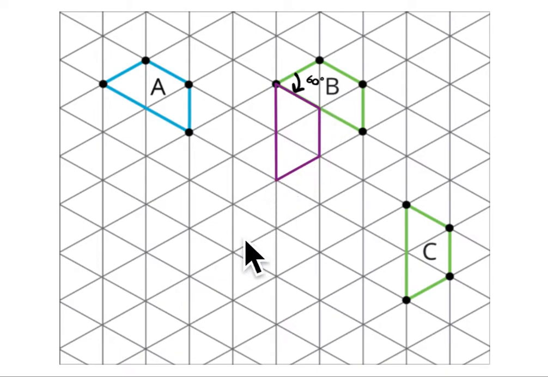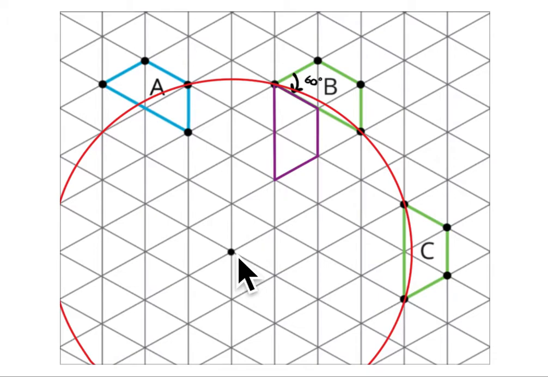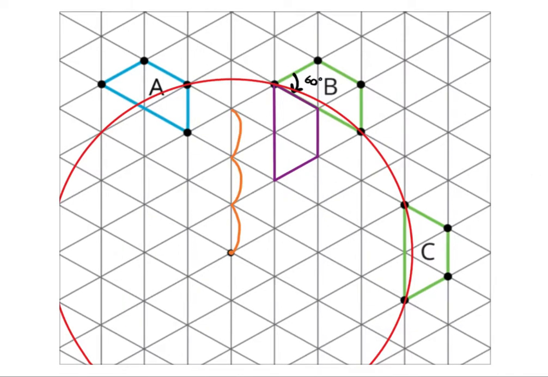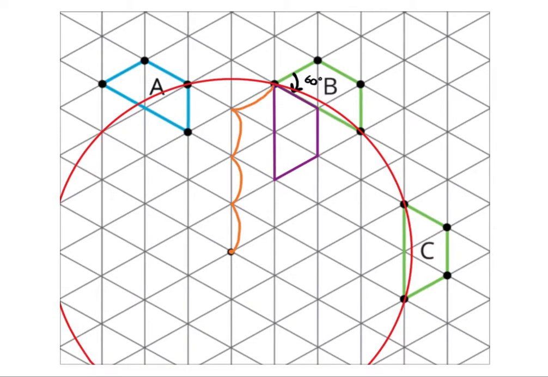If you count out 1, 2, and count out 1, 2, you end up at this point. So we're going to go through some steps of how to do that. But you can check it by using this counting strategy. So I'm going to go from the center of rotation to the points on this figure. So I'm going to count up 1, 2, 3, and then I'm going to count in the direction of rotation 1 unit.